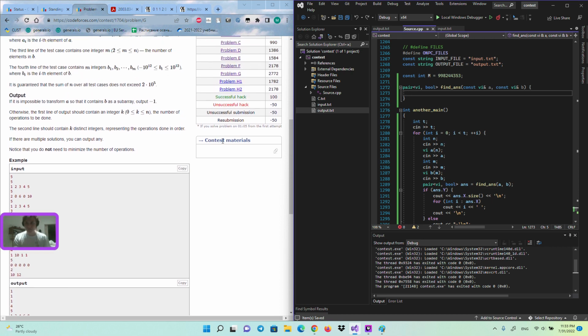Okay, so we have to find the answer. Okay, let's even remove the constants. Also, B is longs.